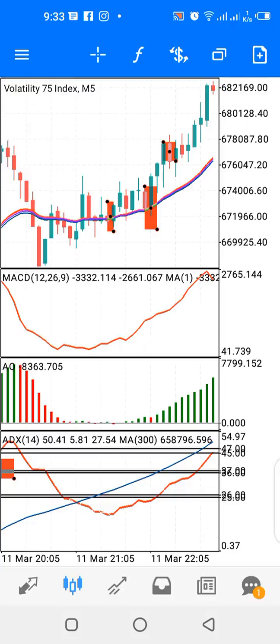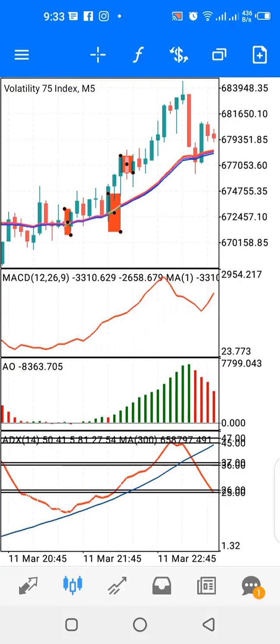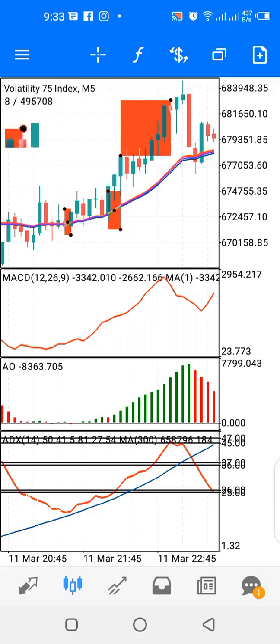Your entry is around here. Your stop loss is below this candle, and you allow price to move an equal length from here to here, the same length you measured to the base of your stop loss, and then you get your take profit. Or you can manually move stop loss into the profit area and trail your profit.